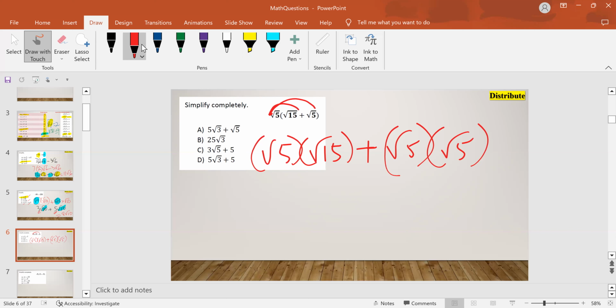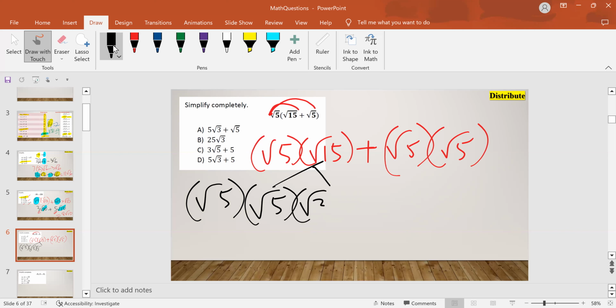Okay, now understand that we have a square root of 5, but this square root of 15, I can write it also as another square root of 5 multiplied by square root of 3, plus square root of 5 multiplied by square root of 5.